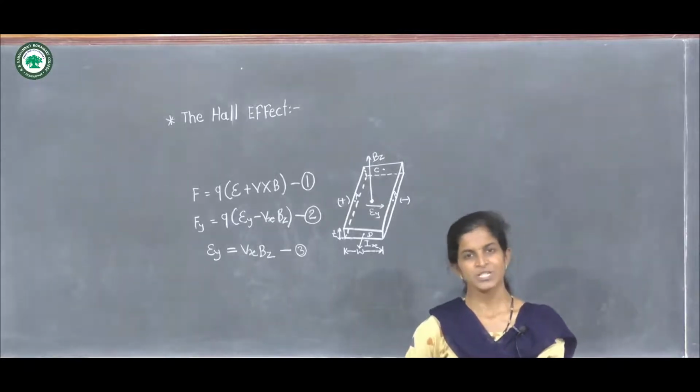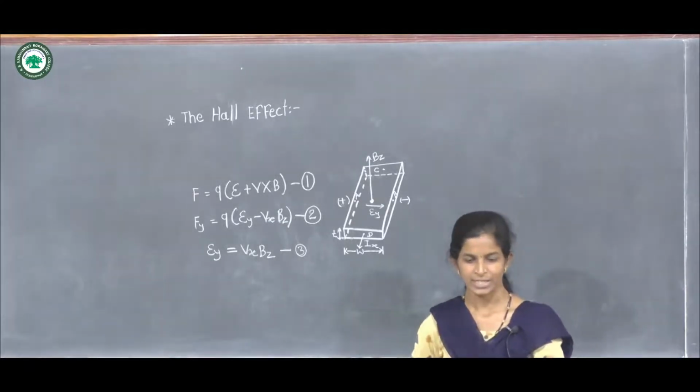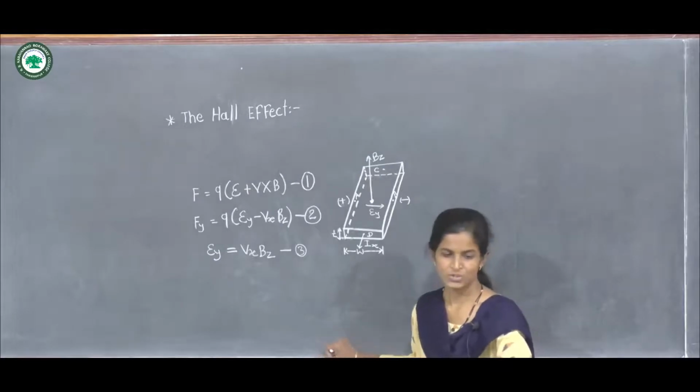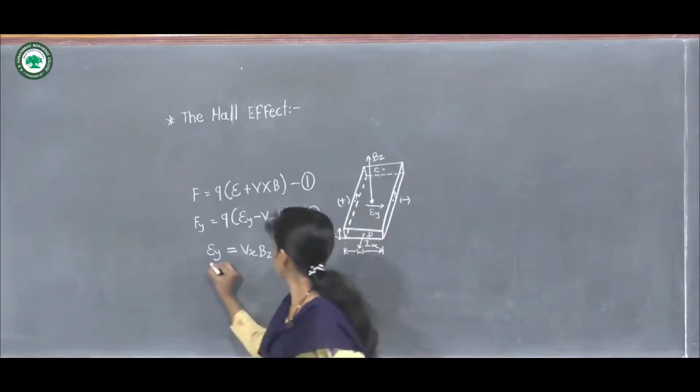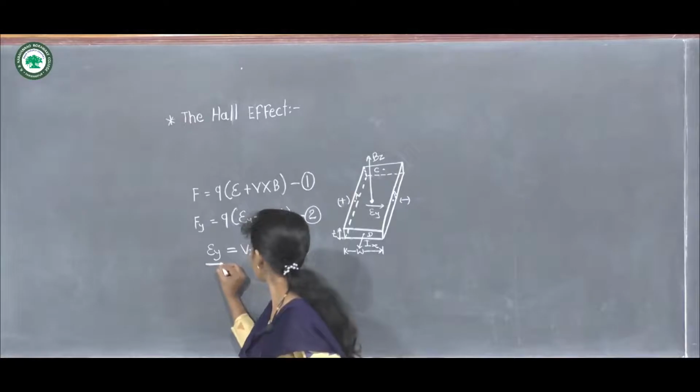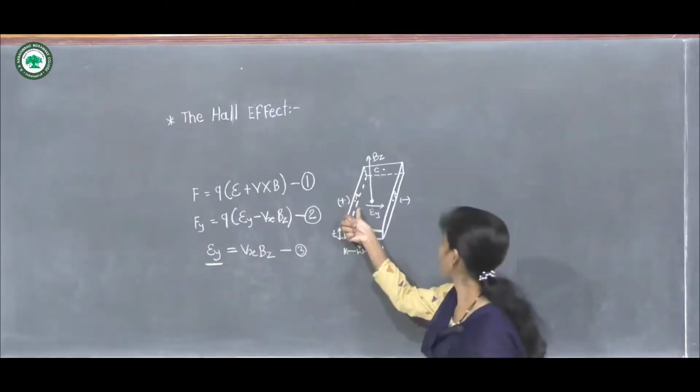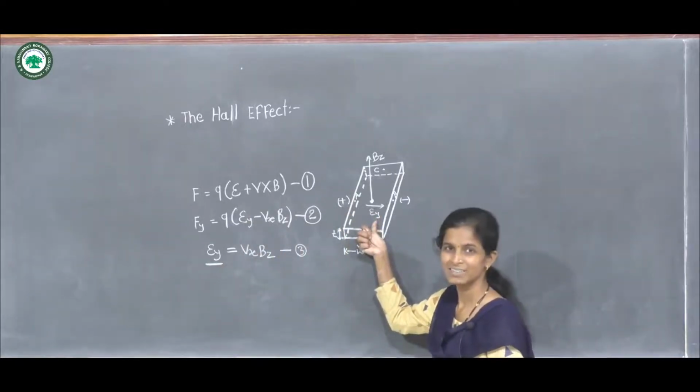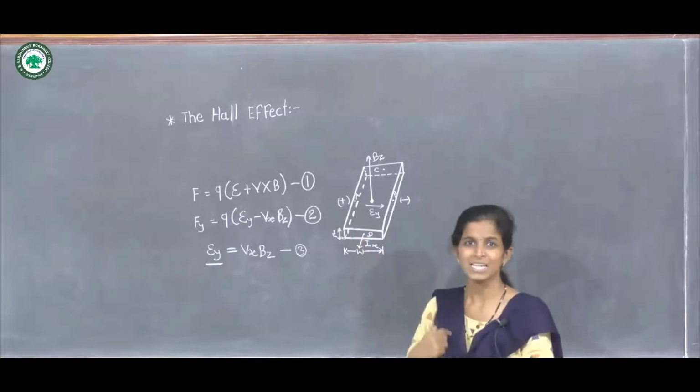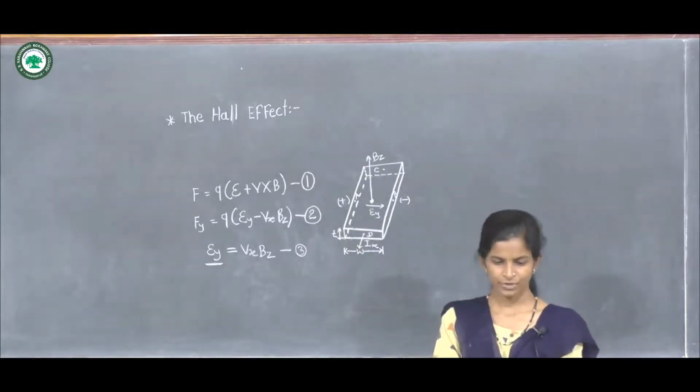And the establishment of the electric field epsilon_y is known as Hall effect. This development of electric field epsilon_y along this direction, that is positive y direction, is known as Hall effect.